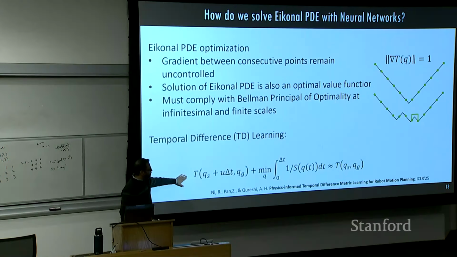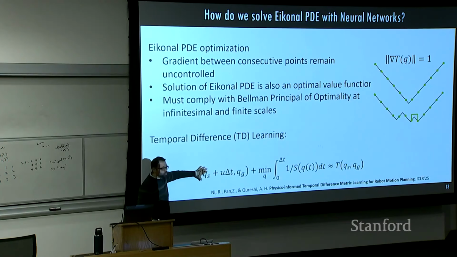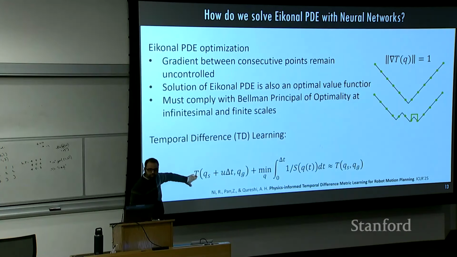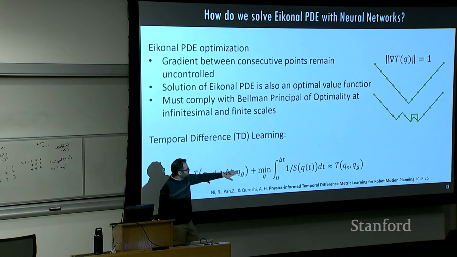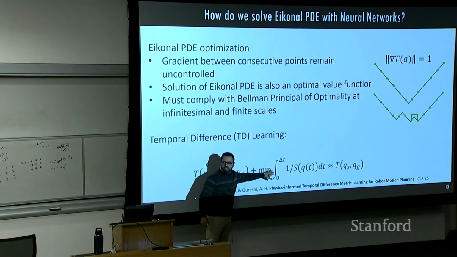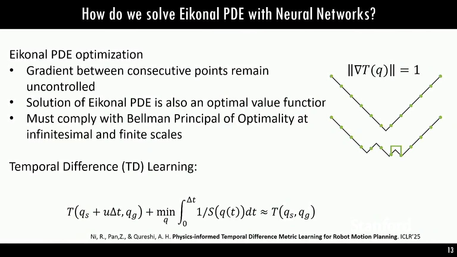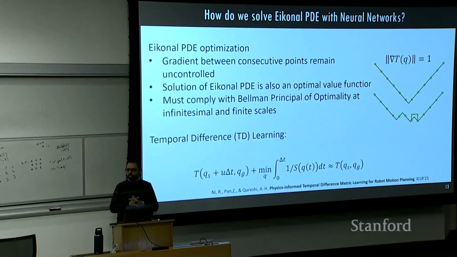So t is a value function. We perturb over QS in some direction to get the next state. So this is value at your next state. That's value at your current state, and this is the cost function, which is inverse of your constraint, whatever you give, like it's a distance. So if I want to minimize or maximize distance to obstacle, that's your reward function or the cost function.